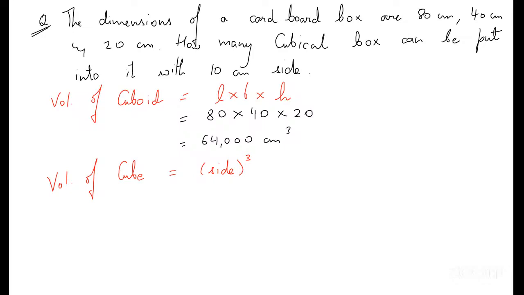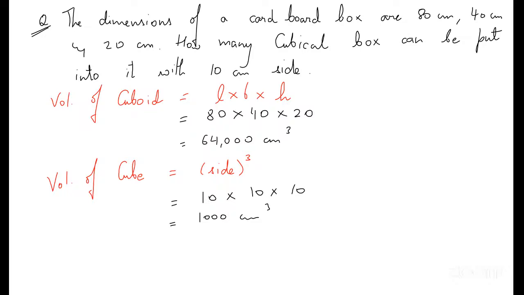Now find out the volume of cube, that is side cube, means 3 times the side. 10 into 10 into 10. How much does it become? It becomes 1,000 centimeter cube. So we have the volume of cuboid and we have the volume of cube.